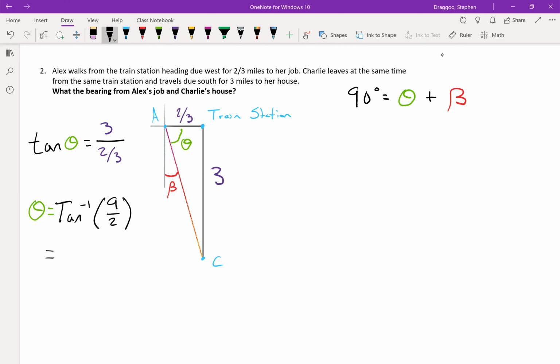And we can come up with an angle there. Plugging that into a calculator and making sure that you're in degree mode, you should get 77.5 degrees.